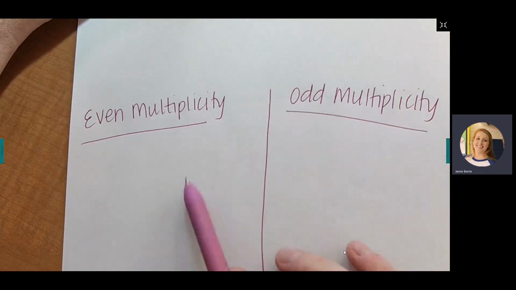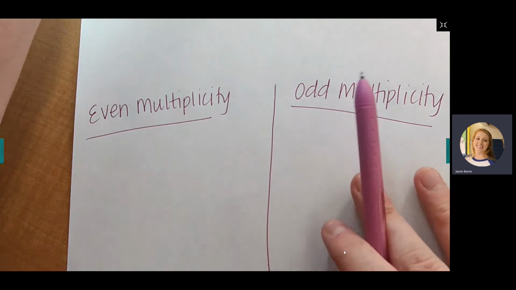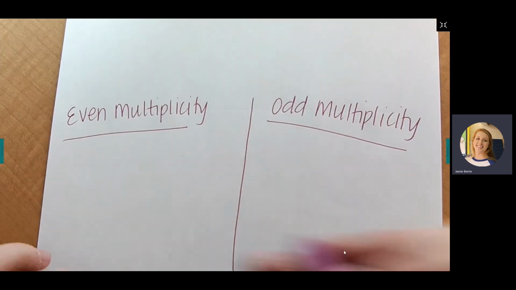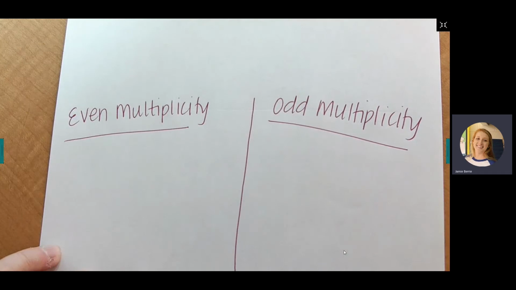So even multiplicity, x-intercepts that have even multiplicities. Okay, odd is cross.